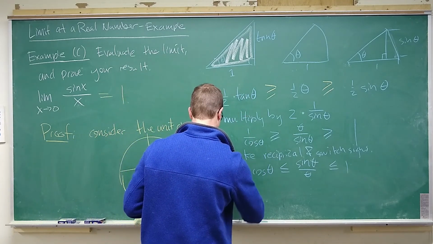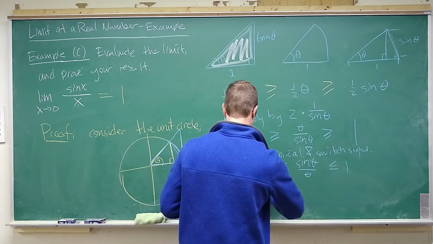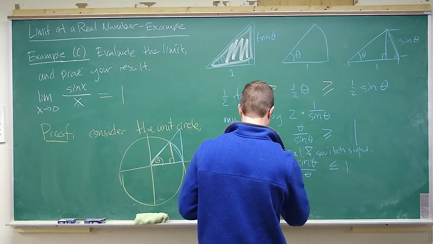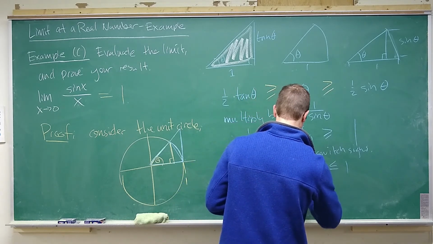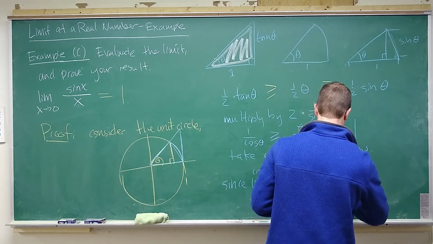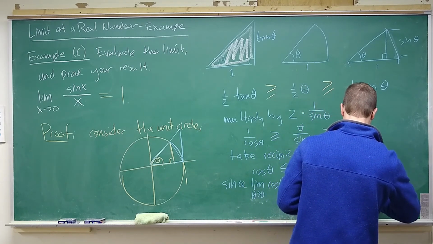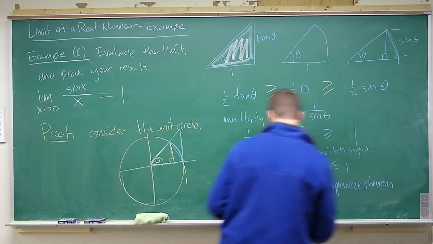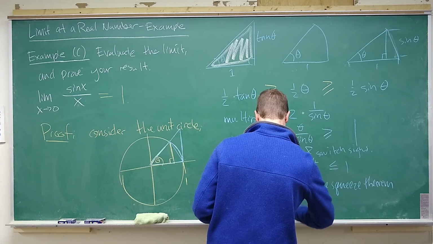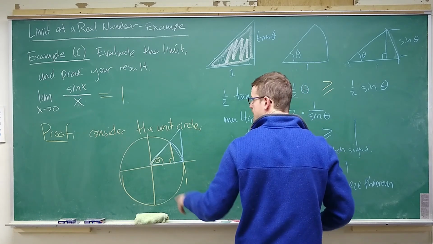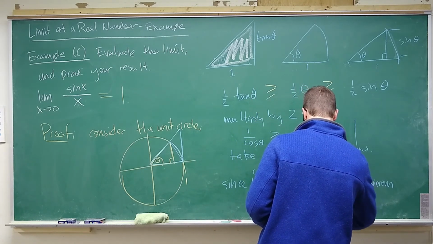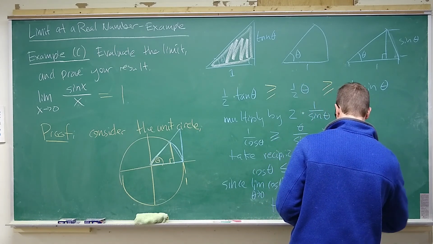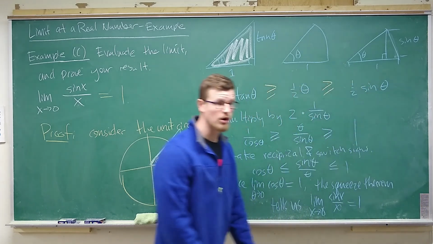So since the limit as theta goes to 0 of cosine of theta is equal to 1, the squeeze theorem tells us that the limit as x goes to 0 of sine of x over x is also equal to 1.